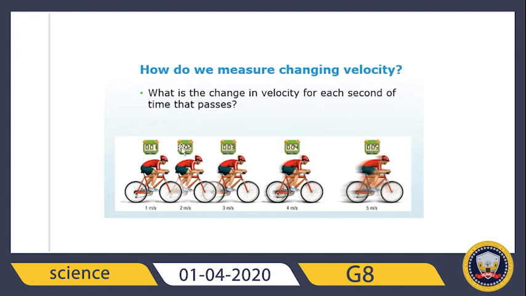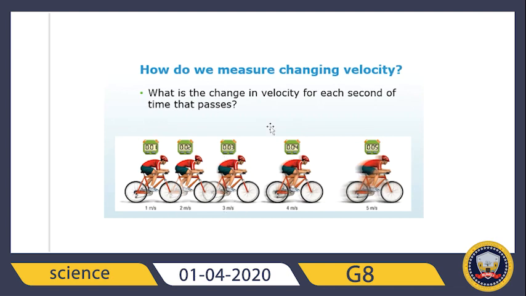Then at second 2, the speed increased to 2 meters per second, and then at second 3, again the speed increased to 3 meters per second. So we can see that the speed of this object is increasing, and this object is still moving in the same direction, to the right.